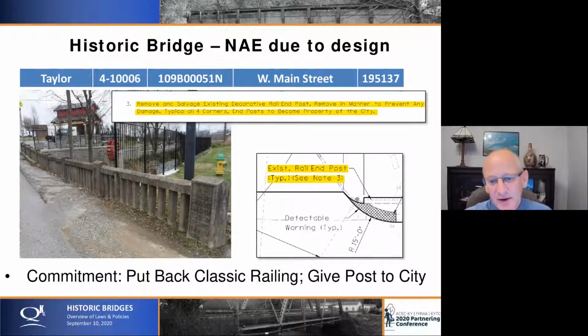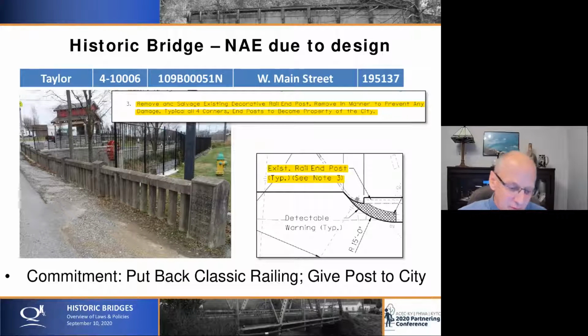So what we decided to do was put back classic railing, which most people are familiar with, but through the consulting party process, when we engaged the city leaders and the mayor and the county judge executive and other people around, we came up with a commitment that we would remove these posts, and you can see that there are names inscribed there of the past city council members or founding fathers of the city or something like that. We remove those and then give them to the city, and they are going to incorporate them in that little park that you can see on the horizon.